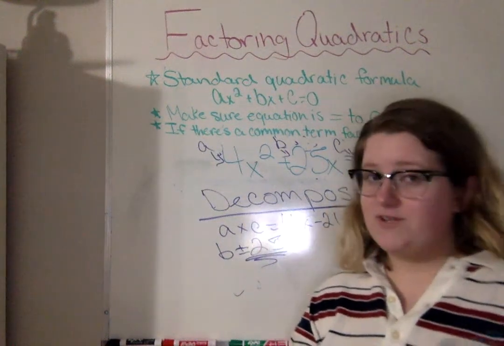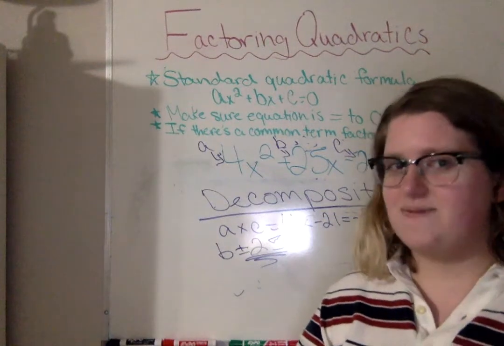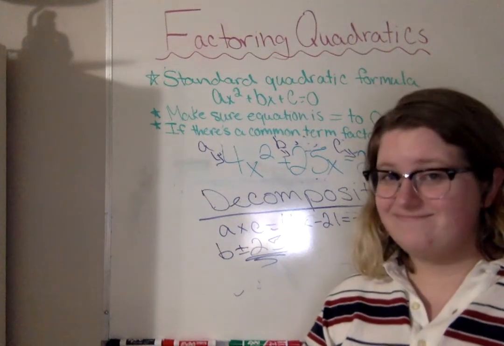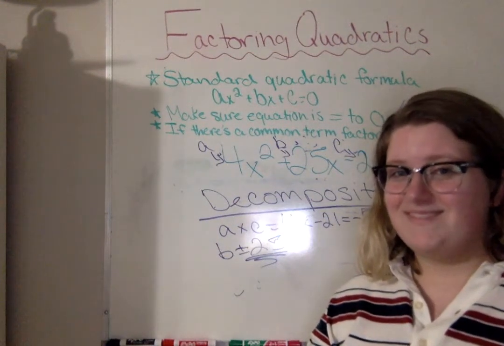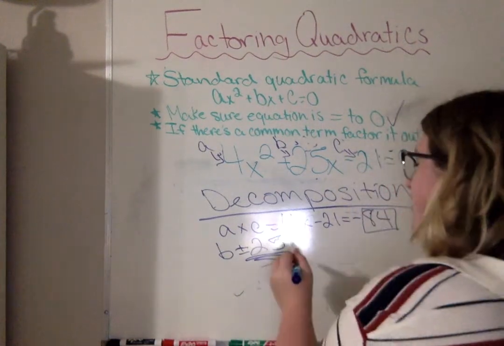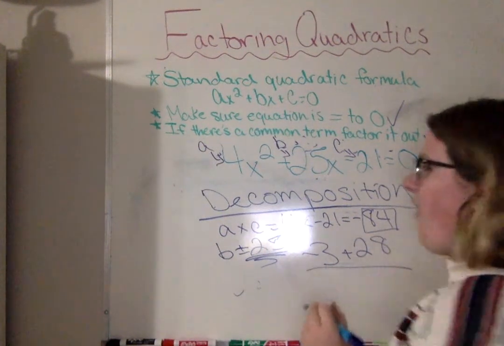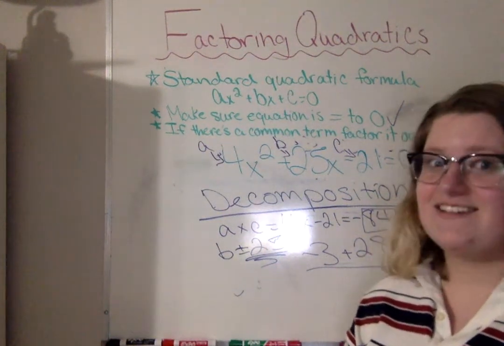Now I'm going to give you a short little bit of time to figure out what that factor is, for everyone that's been following along. Well, if you got negative 3 plus 28, you are correct.